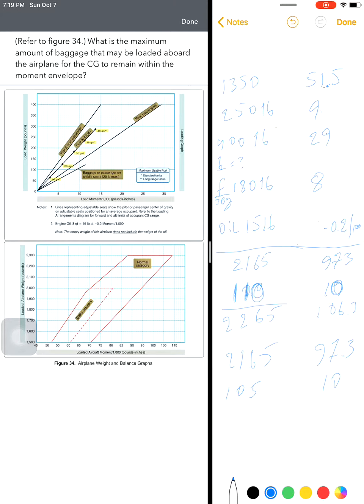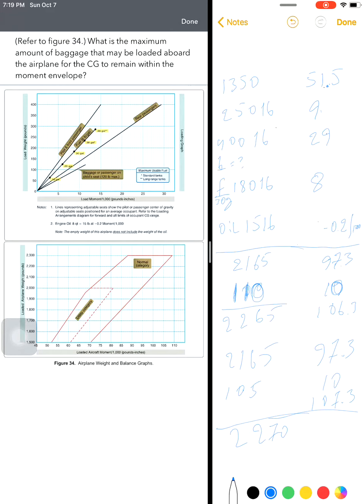So it will be about 10 here. 105 was really 10, so 107.3, and that would be 2270. And so that's gonna be 2270.